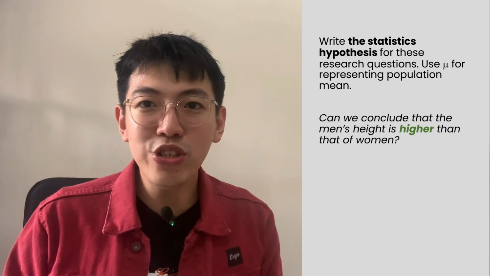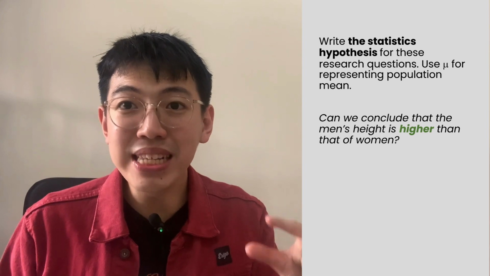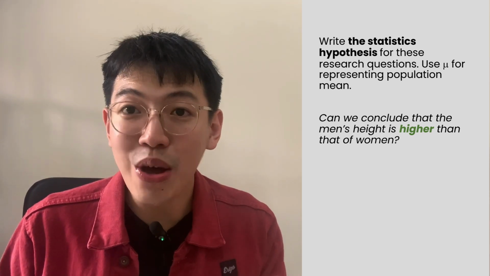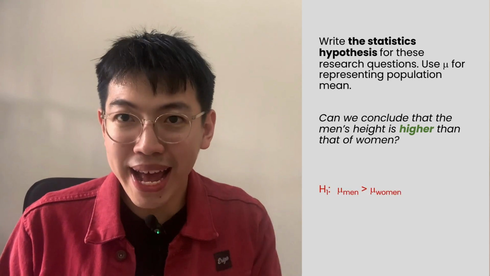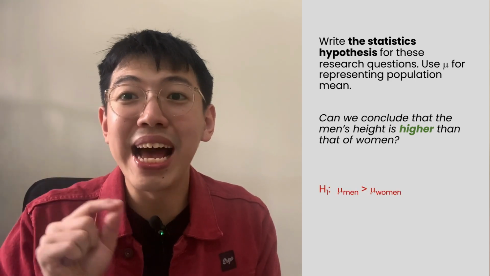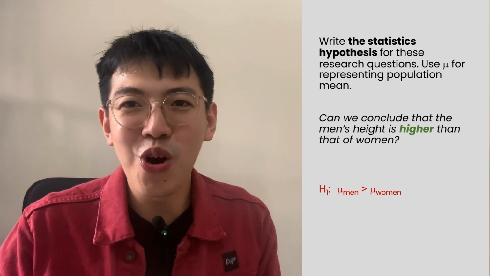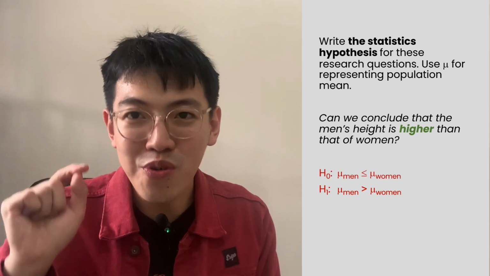In the question, the keyword here is higher. Higher means more than. We should put more than in the H1. So the H1 will be mu man is more than mu woman, and the H0 will be mu man is less than or equal to mu woman.